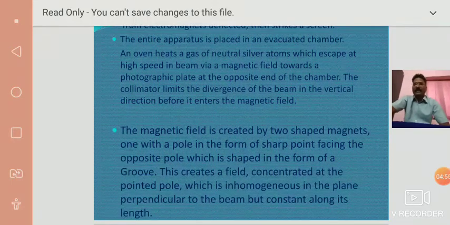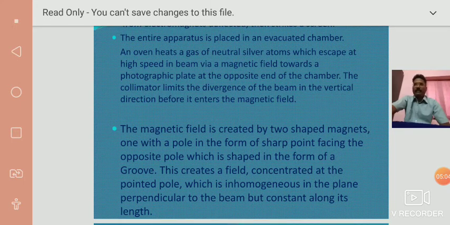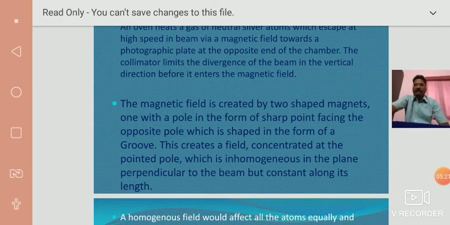The magnetic field is created by 2 shaped magnets, one with a pole in the form of a sharp point facing the opposite pole, which is sharpened in the form of a groove. This creates a field concentrated at the pointed pole, which is inhomogeneous in the plane perpendicular to the beam but constant along its length.